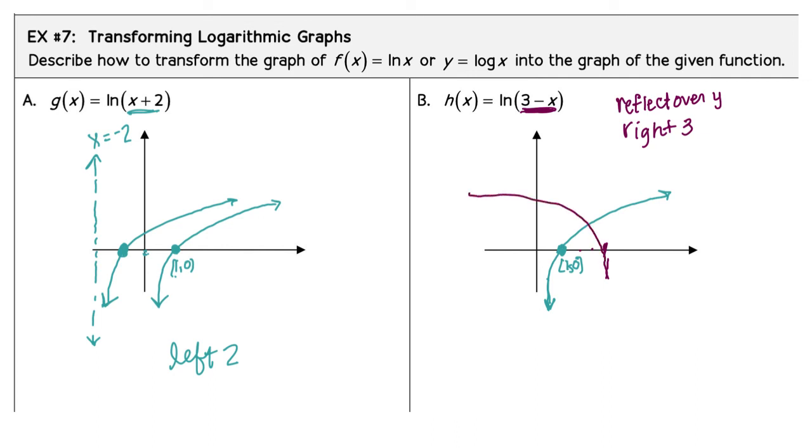That's a little bit better. I'm just going to leave it like that. So there's your logarithmic, the best I can do. And then you've got your asymptote.